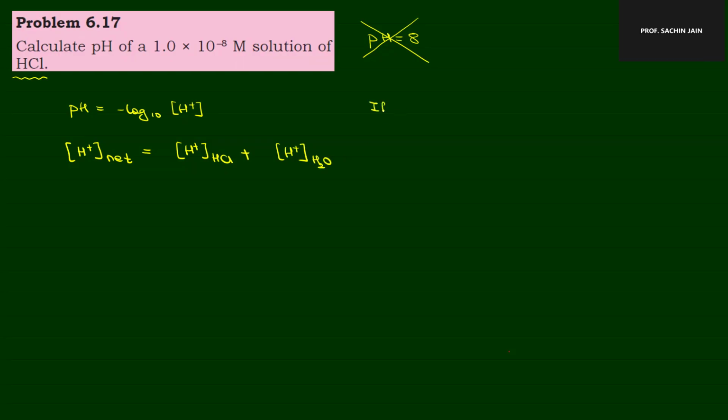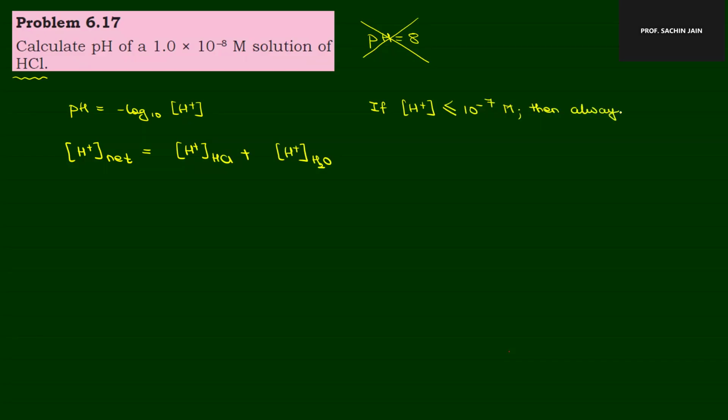So if the H plus concentration is less than or equal to 10 power minus 7 molar, then always consider H plus of water.